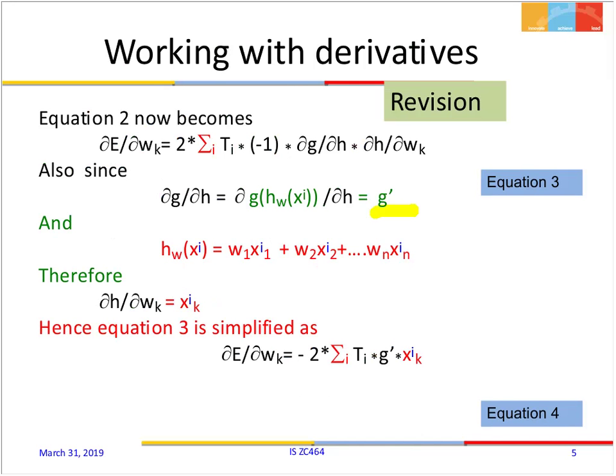And here h_w(x_i), which was actually equal to w1 x1 plus w2 x2 plus wn xn, is giving us its partial derivative of del h with respect to del wk as its coefficient of wk, which is equal to xk. And everywhere you see this index i in blue color, this is representative of the sample number, right?